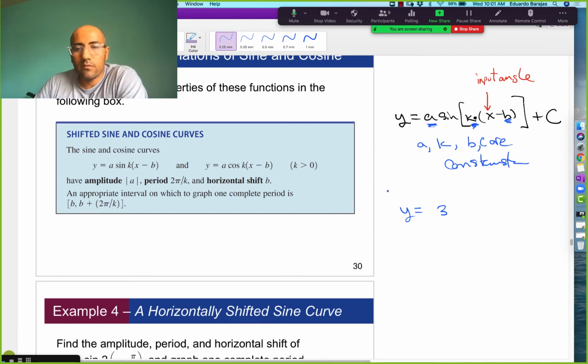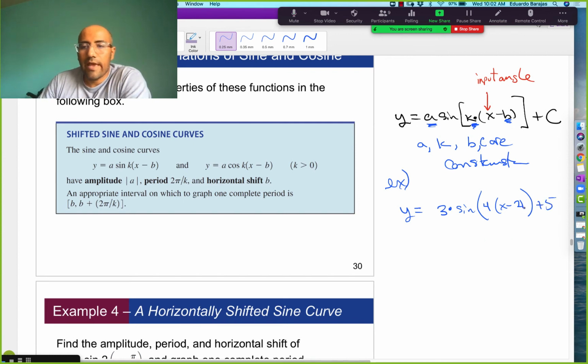So for example, we might have something like 3 sine of 4 x minus 2 plus 5. And we want to see how we can do a rough sketch of this graph. How do these constants, the 3, the 4, the 2, and the 5, affect the standard graph of sine?